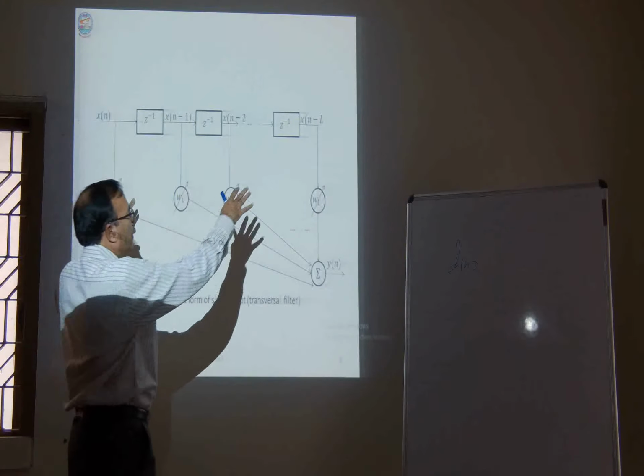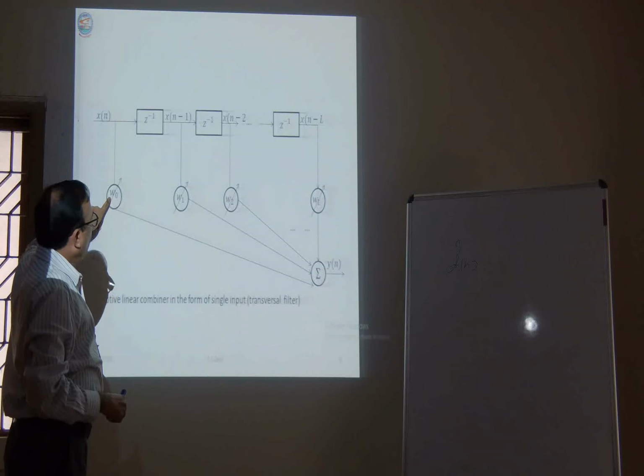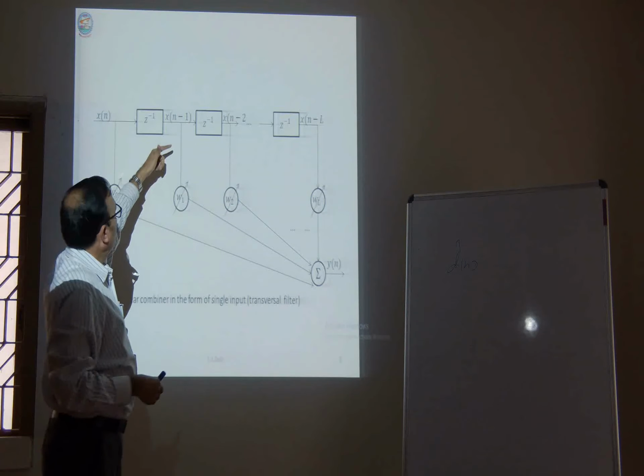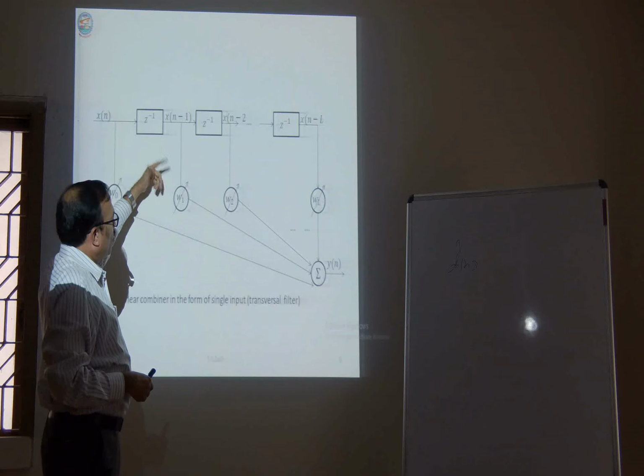So all these are the input signals, and here this input signal is multiplied by the weight w0, which also can vary as in the previous case. So here this input xn minus 1 is also multiplied by w1, which also varies.